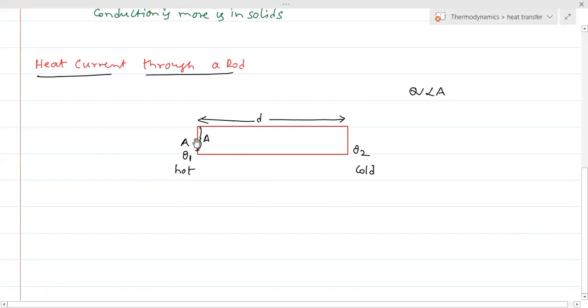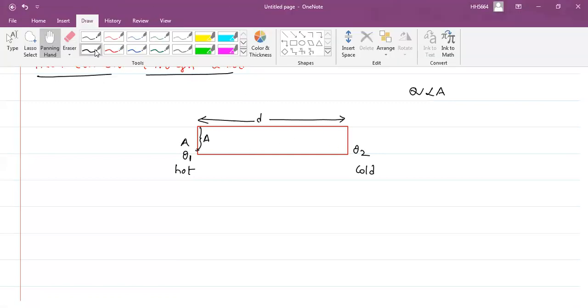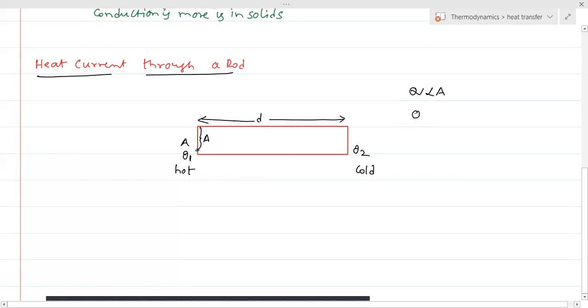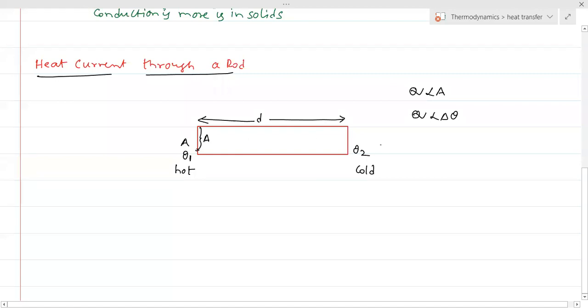Similarly, Q is proportional to delta theta: if the temperature difference is high, more heat energy will be transferred. And heat energy is inversely proportional to length: if the length is more, it loses more heat energy during its transfer.